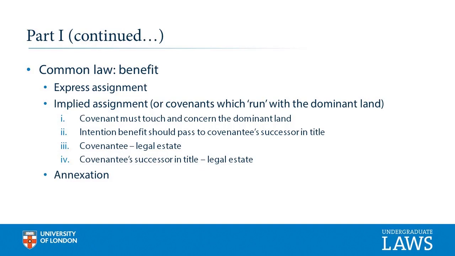So, in what circumstances does a covenant run with the dominant land? It runs with the dominant land if 4 requirements are satisfied. First, the covenant must touch and concern the dominant land. We have already discussed the nature of this requirement. Secondly, the covenanting parties must have intended the benefit of the covenant to pass to the covenantee's successor in title.